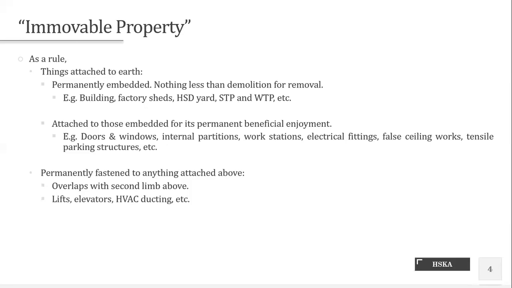All of these are permanently fastened to my building. Therefore, I feel these also form part of my immovable property. So this was basically the rule that I have kept in mind for the further discussion on the ITC disallowances, or whether the ITC is eligible or not in my hand.